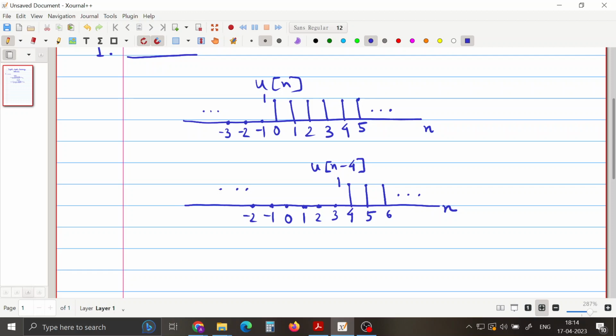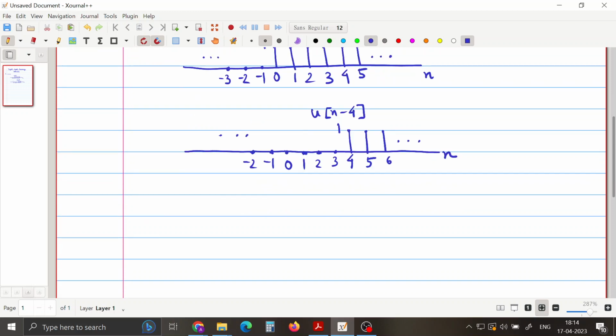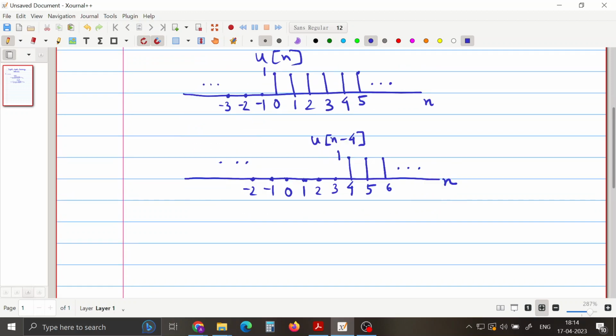We need to take the difference now. We have to subtract u of n minus 4 from u of n. What would it look like overall? Let me call this difference between these two sequences x of n.